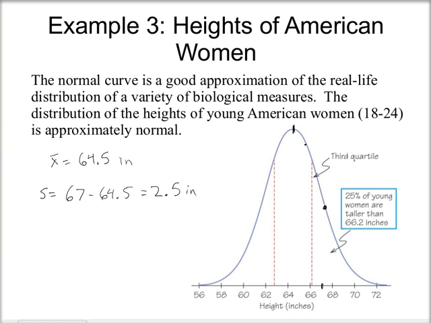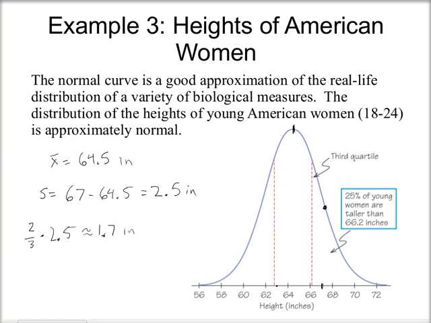My quartiles are 2/3 of a standard deviation away from the mean. So 2/3 of 2.5 is about 1.7 inches, so my quartiles are about 1.7 inches away from 64.5.